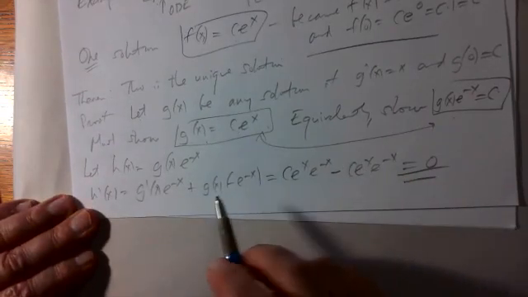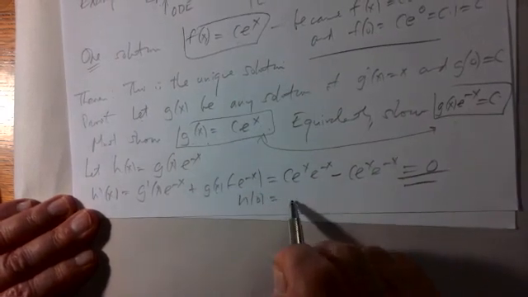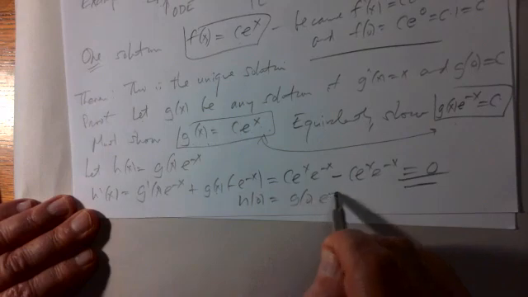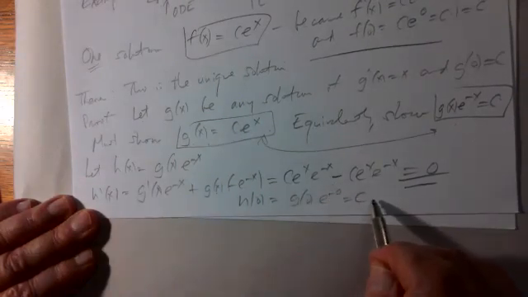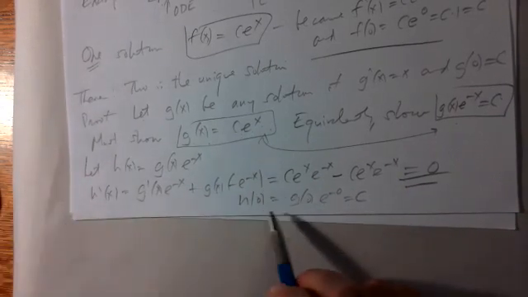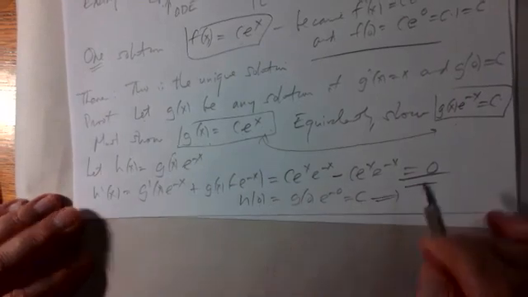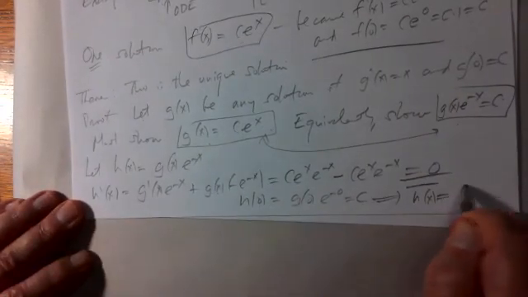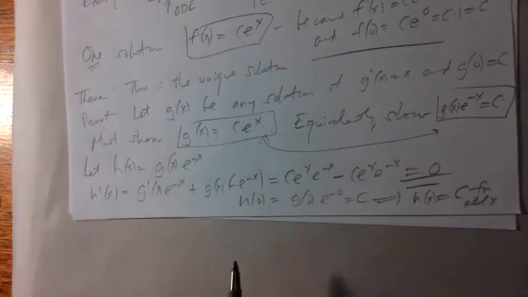Which means h of x is a constant. What is h of 0? It's g of 0 e to the minus 0. g of 0 is c, and e to the 0 is 1. So if h is a constant, and its value at 0 is c, h of x is equal to c for all x.